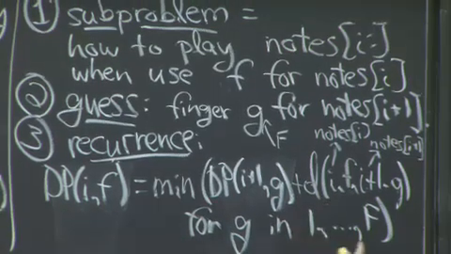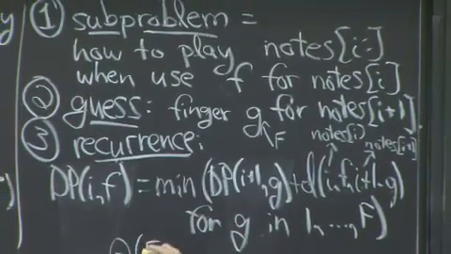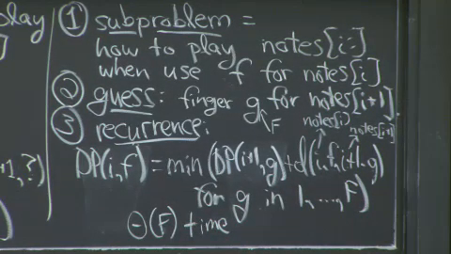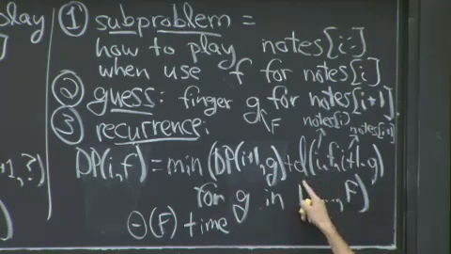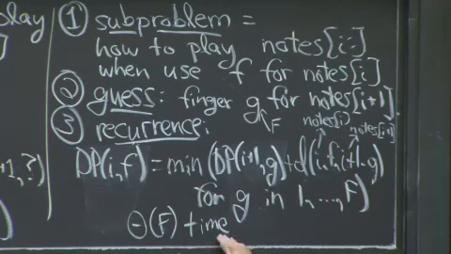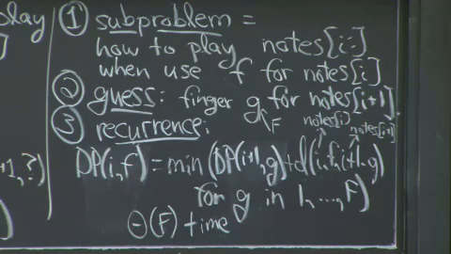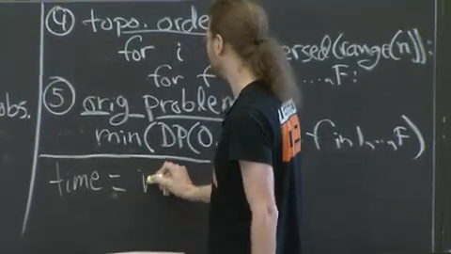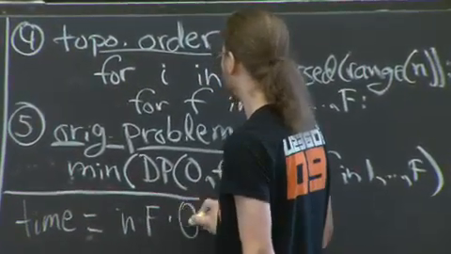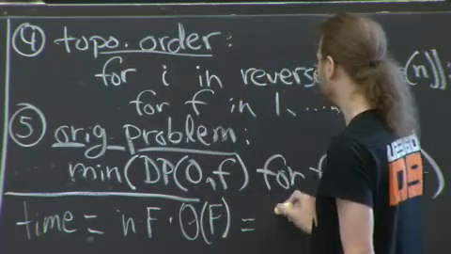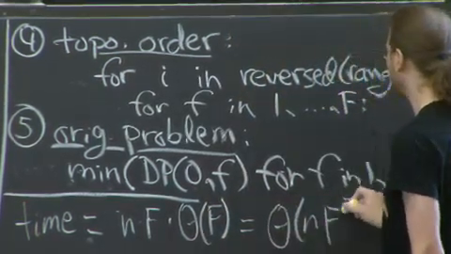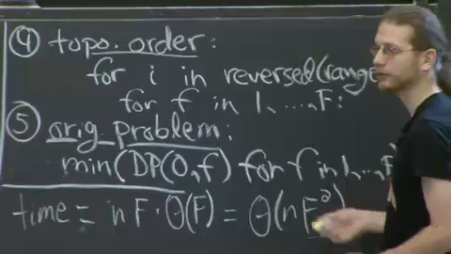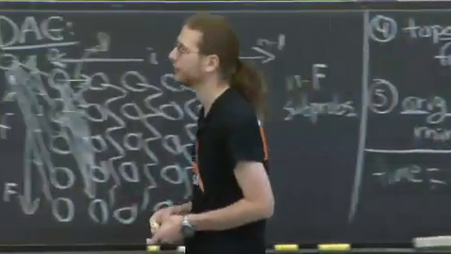And when we do this min, we spend theta f time, because it's a for loop over f, we're doing constant work, assuming d lookups take constant time. This is theta f time, so we multiply those two things together. And we get the total time, the number of subproblems, which is n times f, and we multiply by theta f for each subproblem. So this is n f squared. And given that f is usually pretty small, that's almost linear time. So that's a pretty good algorithm.